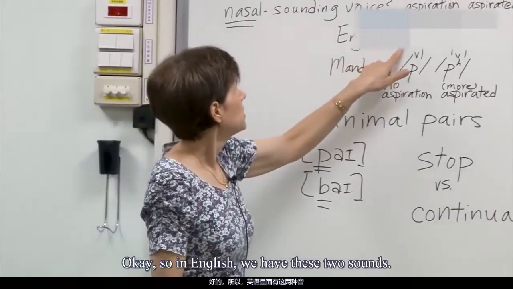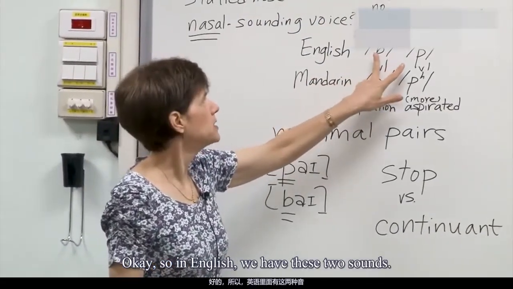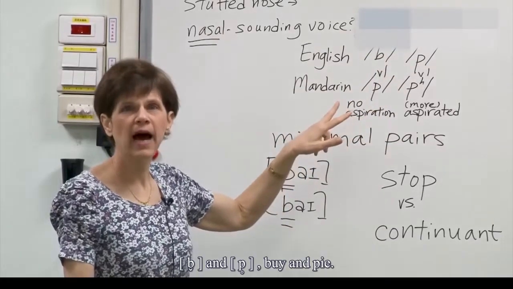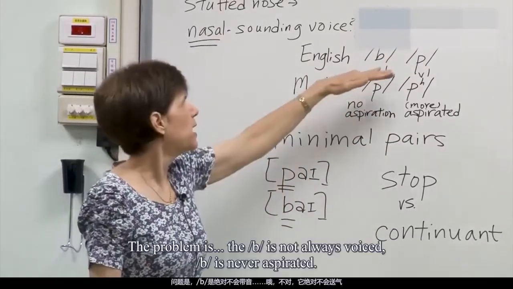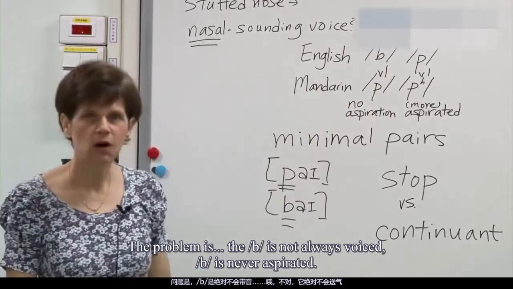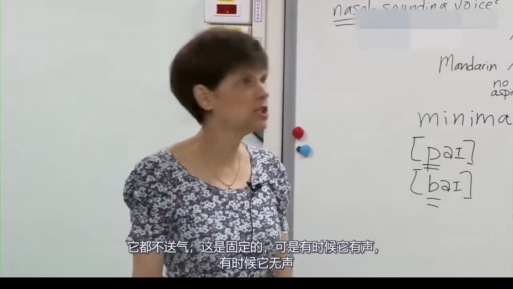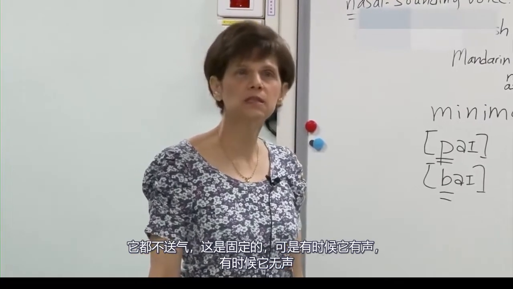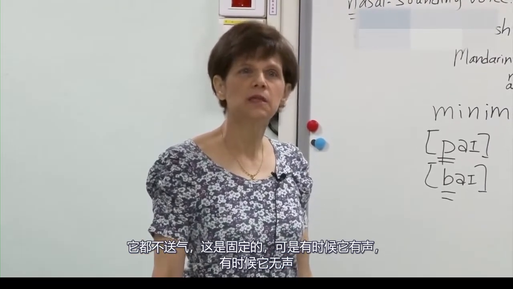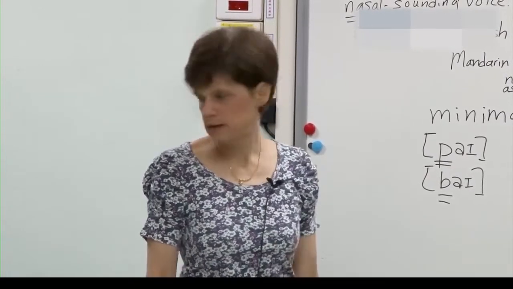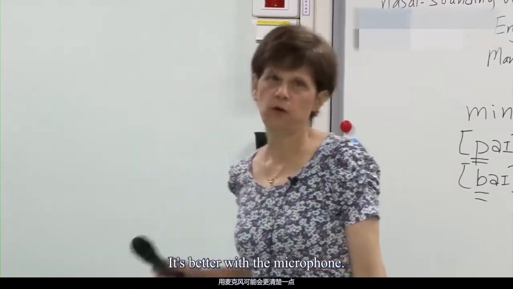Okay, so in English, we have these two sounds. One is voiced, one is voiceless. B and p, by and pi. The problem is, the b is not always voiced. B is never aspirated. 它都不送气，这是固定的。可是有时候它有声，有时候它无声。So boy, it's better with the microphone.